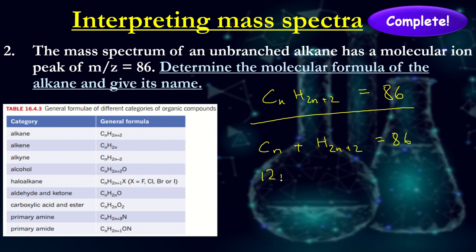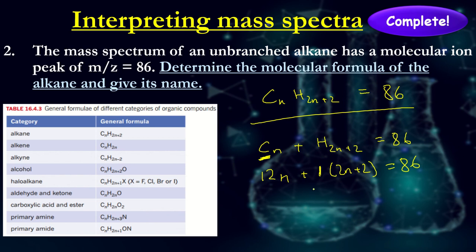The mass of carbon is 12, so 12n, because it's an integer. Hydrogen is 1, so 2n plus 2, equals 86.